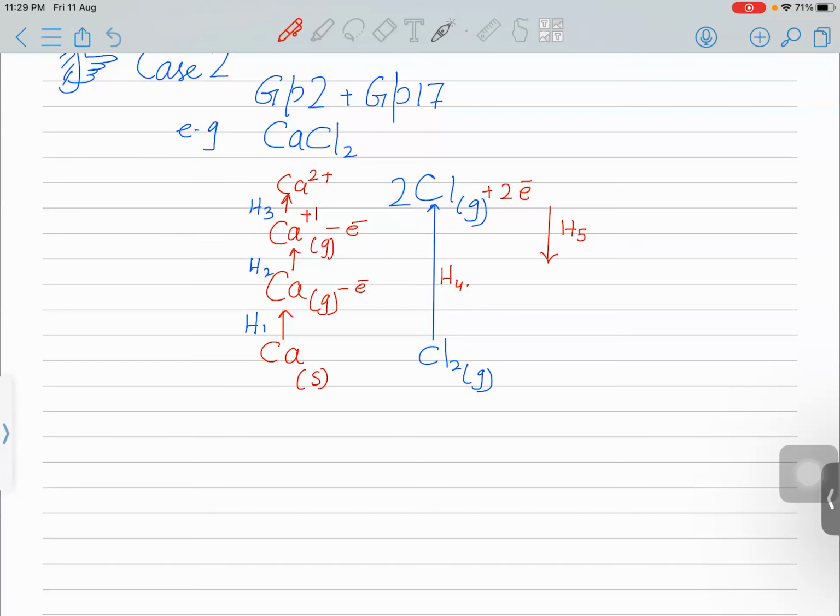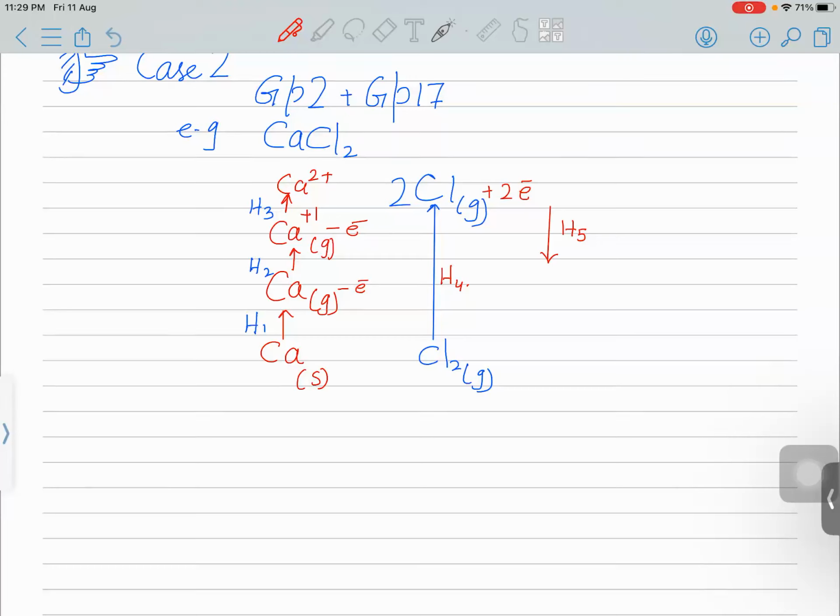Energy is released because of the attraction between the positive nucleus and the negative electron. Whenever the nucleus attracts an electron, energy is released. That's why the first electron affinity is exothermic.